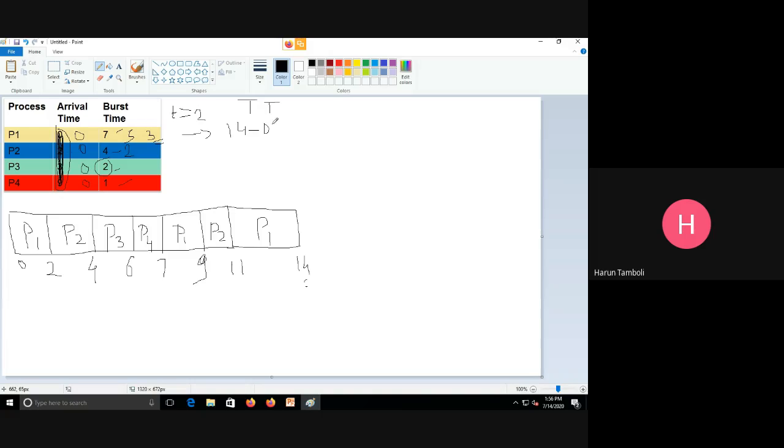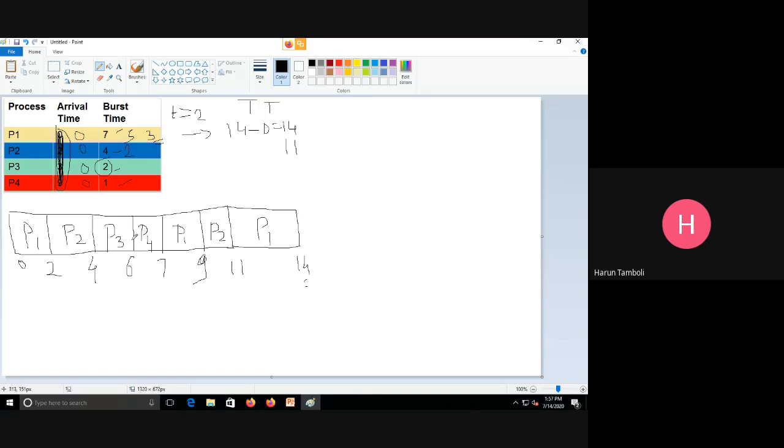So the turnaround time for P1 is 14. For P2, the completion time is 11. So 11 minus 0, again 11. So the turnaround time for P2 is 11.